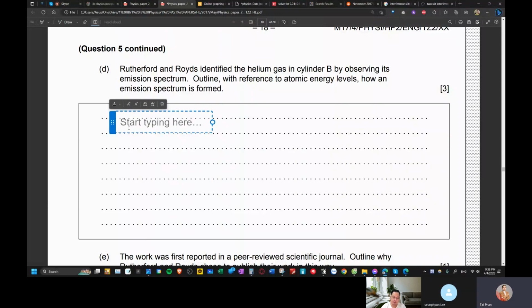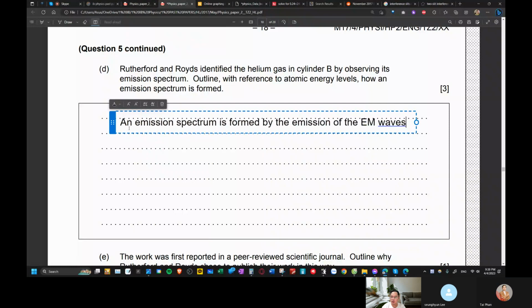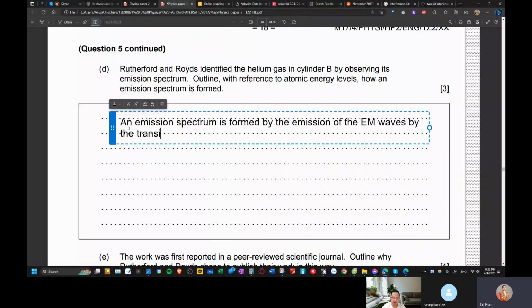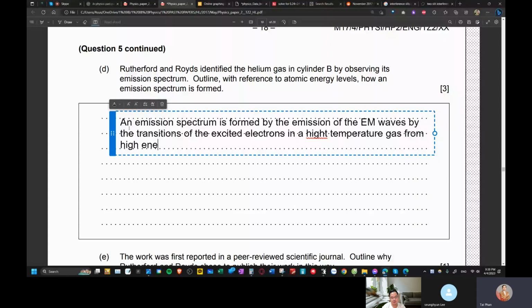An emission spectrum is formed by the emission of EM waves by the transitions of excited electrons in a hot, high temperature gas, from high energy levels to lower energy levels.